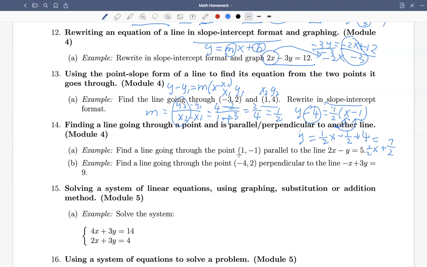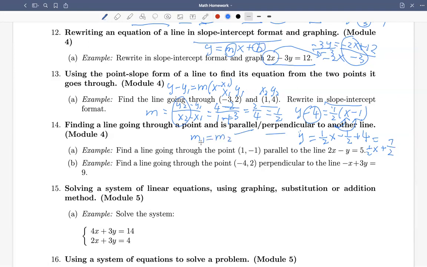Now let's look at 14. Here we want to find a line given a point, and the line is parallel or perpendicular to some other line. So you remember, if two lines are parallel, their slopes are the same, right?